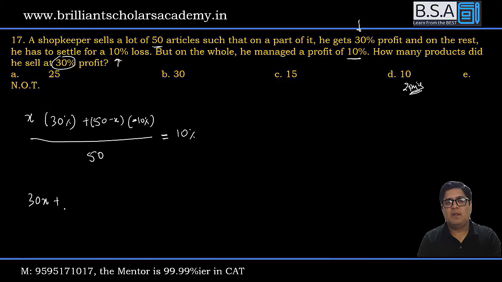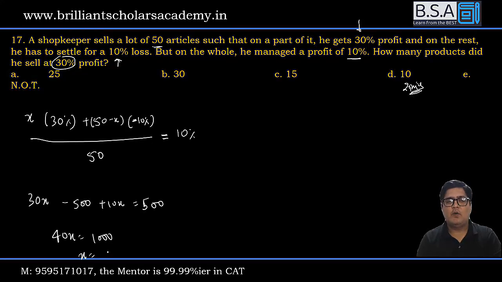30x, this will be negative. 30x minus 500 plus 10x is equal to 10 into 50. 10 into 50 is again 500. So 40x is equal to 1000.